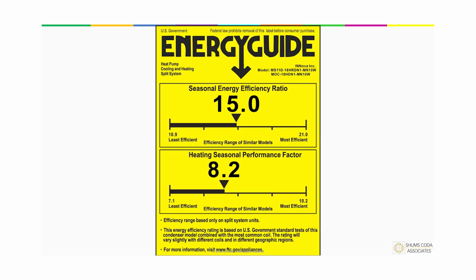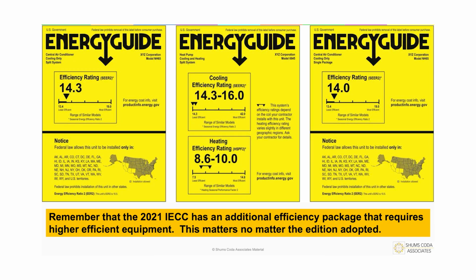Here's our heating. This is our HSPF, and it says 8.2. Now this is not saying whether or not it meets the criteria for our location. All it does is provide us with that particular information for that piece of equipment. Now here are different ratings. Anybody know what these indicate?